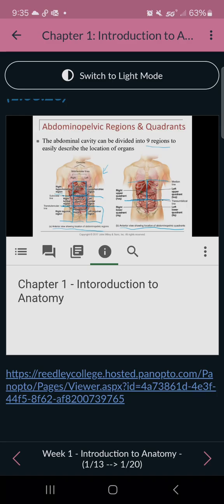Here we have the right lower quadrant, and then here we have the left lower quadrant. So the 9 region division is more widely used for anatomical studies, and quadrants are more commonly used by clinicians for describing the site of abdominopelvic pain, a tumor, or another abnormality.